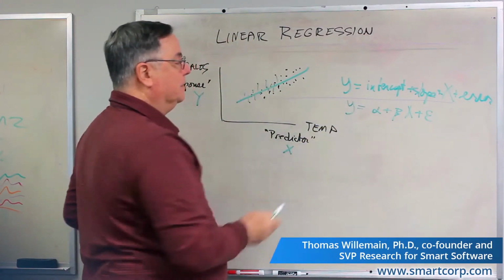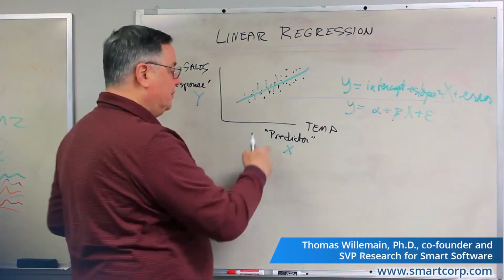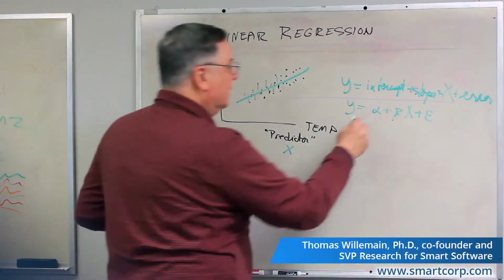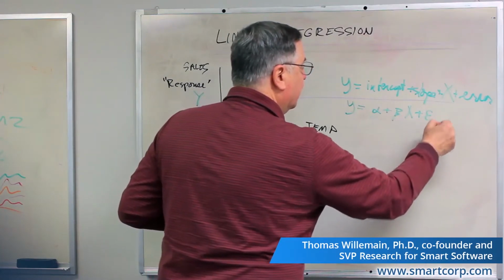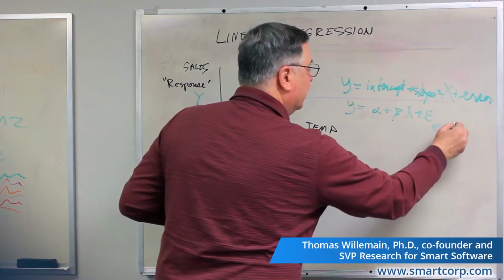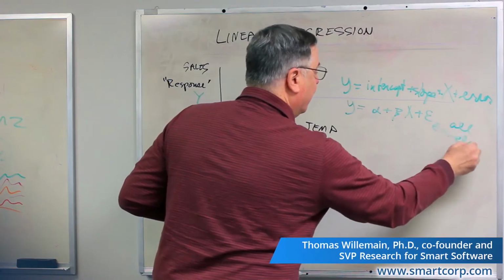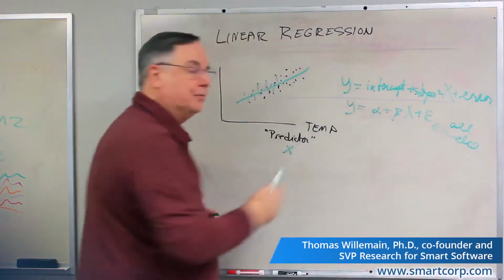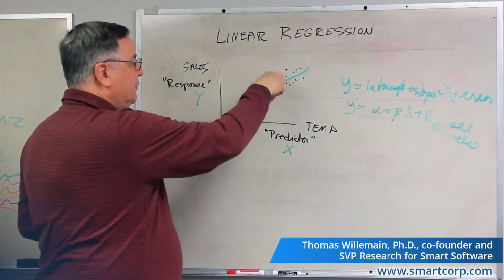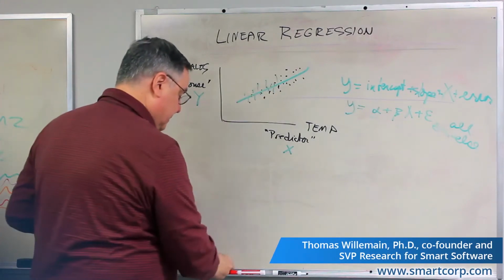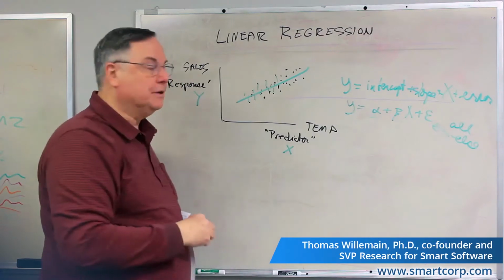This equation codifies the relationship between the predictor and the response. Alpha is a number, beta is a number, and epsilon is all else, all the other factors besides x which have an influence on y. And those are responsible for these variations around the regression line.